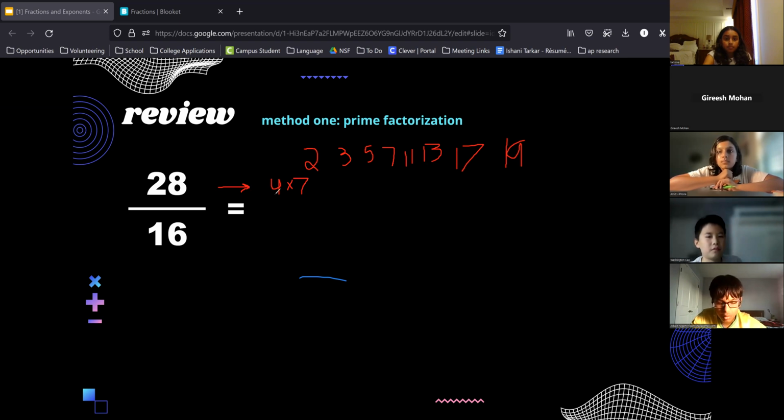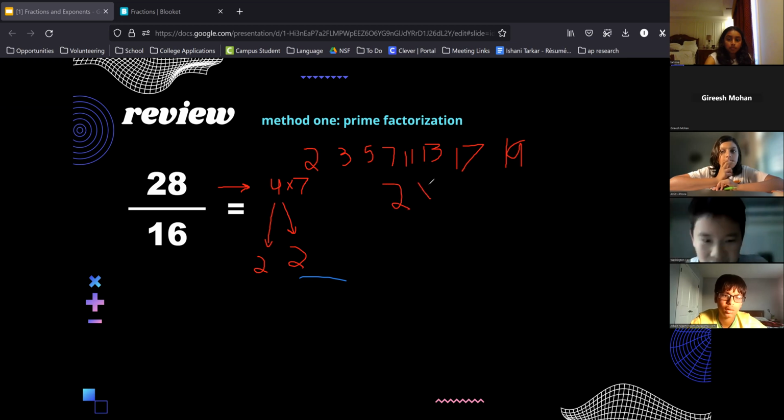So what we want to do is find what prime numbers divide 4. What are the factors of 4? What numbers would multiply to 4? Yes, 2 and 2 would multiply to 4. So that means we can express 28 as 2 times 2 times 7.